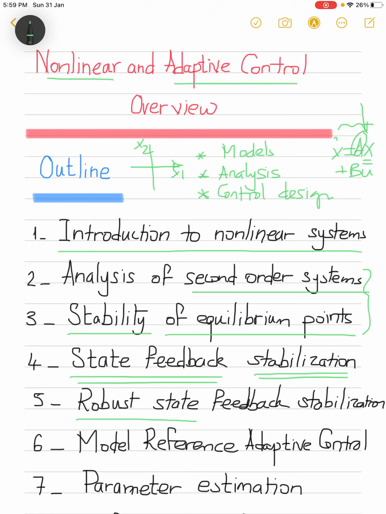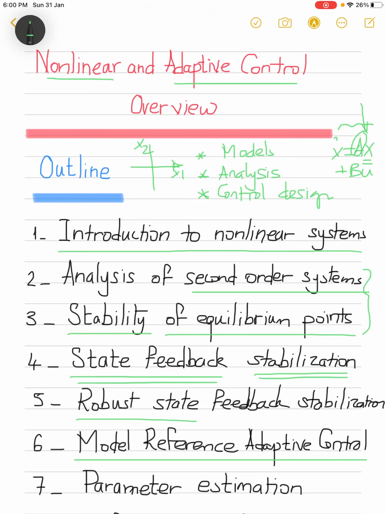However, we can also deal with uncertainties using adaptive control, which is a method that can be used to estimate the system parameters or the system model online, and consequently design the controller so that it can perform in a way that we specify. So we'll talk about model reference adaptive control. In that case, we would design the controller such that the output of the real system would follow the output of a certain ideal reference that we would like to have.